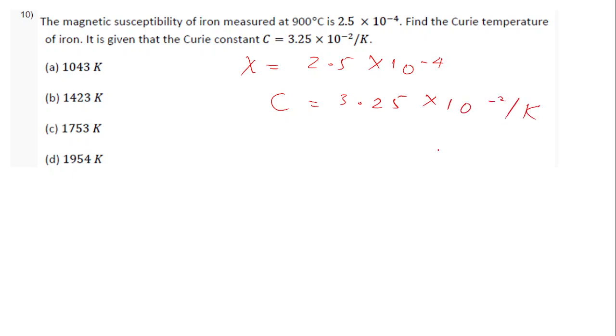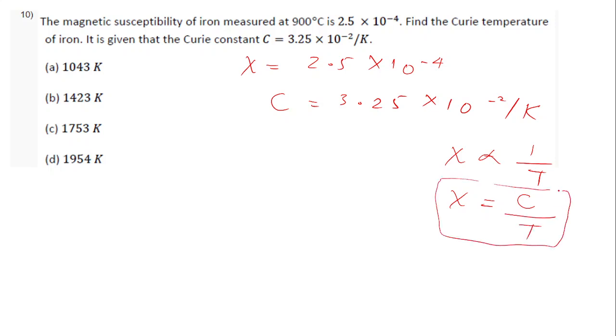In a paramagnetic material, susceptibility is proportional to 1 over T. If we remove the proportionality symbol and put an equation, there will be a constant, and this is what we call Curie's law, and this is the Curie constant. That value is given.